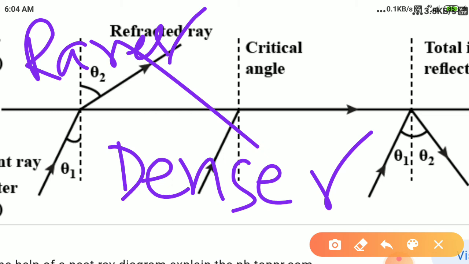So here you can see that theta 1 is the angle of incidence and theta 2 is the angle of refraction, and from the diagram itself it is clear that theta 2 is greater than theta 1 because here the ray of light is bending away from the normal. So if we go on increasing the angle of incidence, that is theta 1, the angle of refraction, that is theta 2, will also increase.